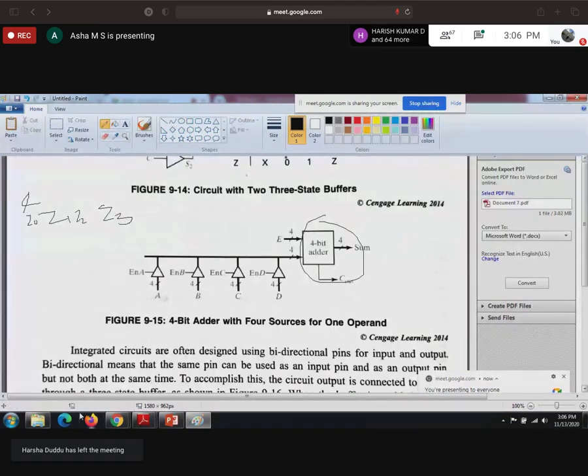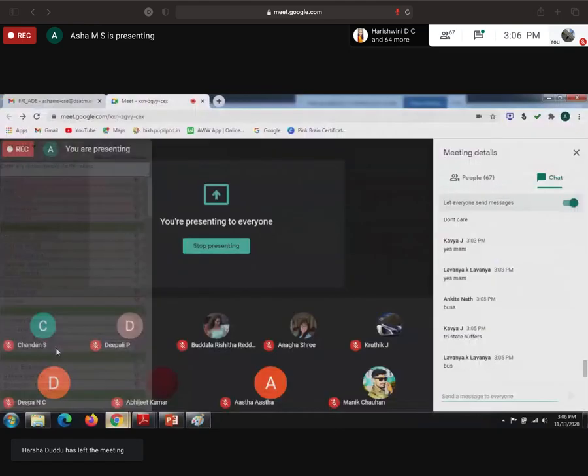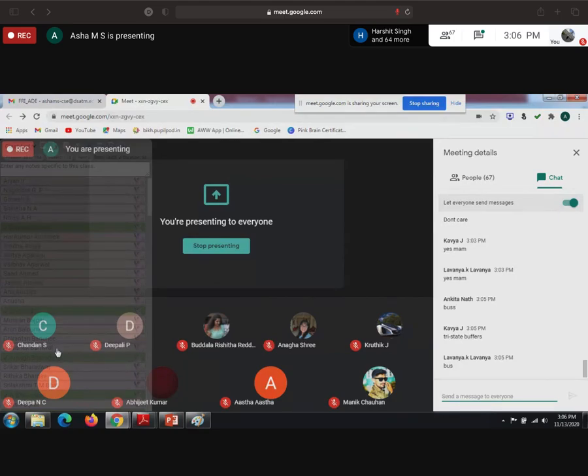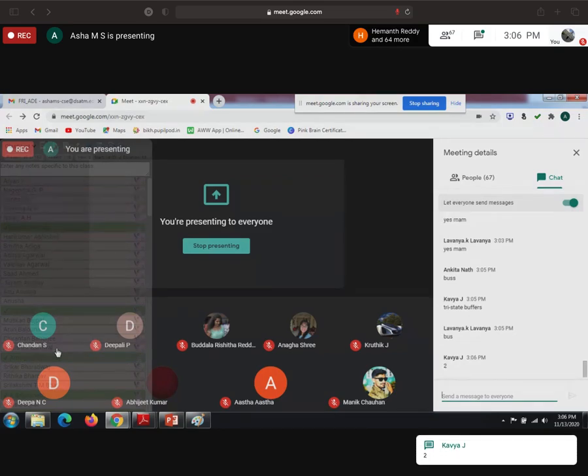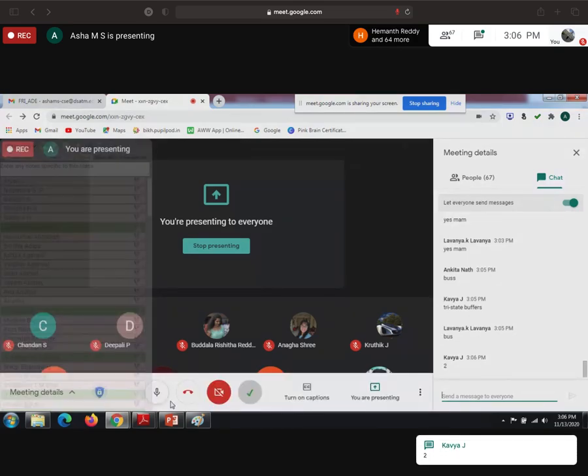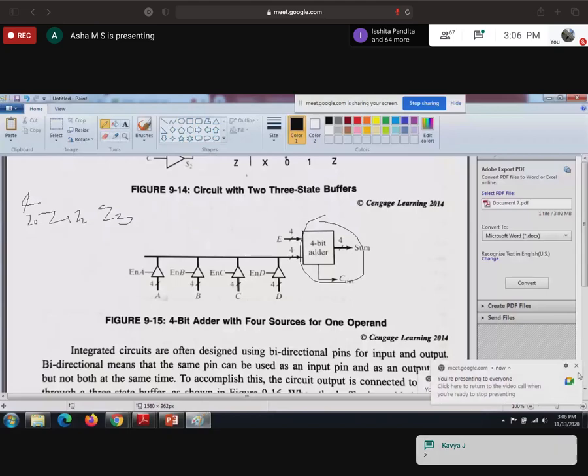So for the adder, how many input bits are required minimum? 2 input bits are required.